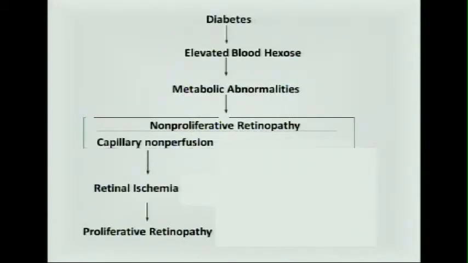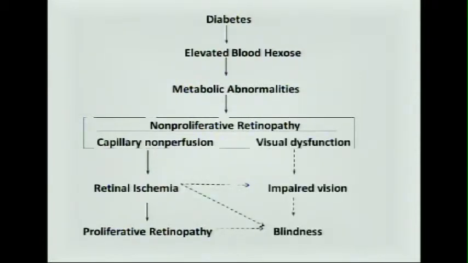So this is, as I mentioned, the classical understanding of the pathogenesis of diabetic retinopathy, but it really ignores the second half of the disease. Obviously, the lesions in background retinopathy have strong predictive power into who is going to lose vision. Microaneurysms have been used for a long time to predict the likelihood of progression to visual impairment.